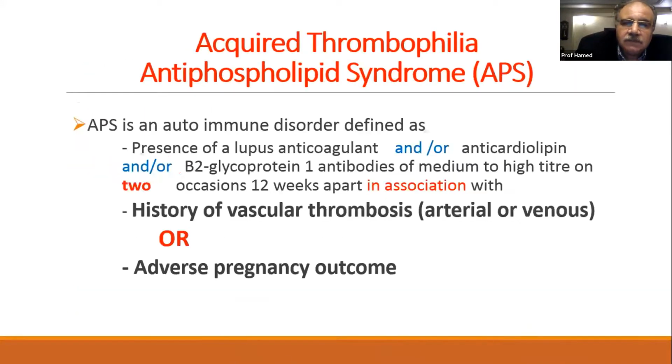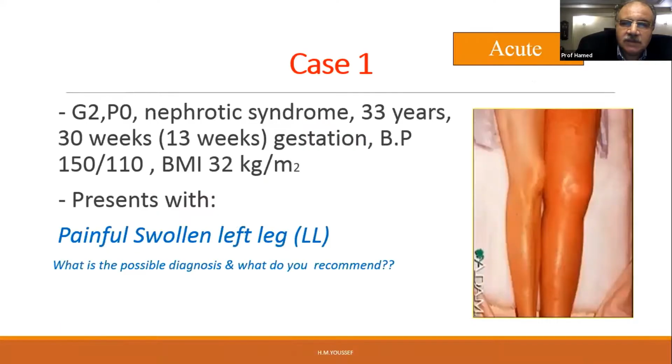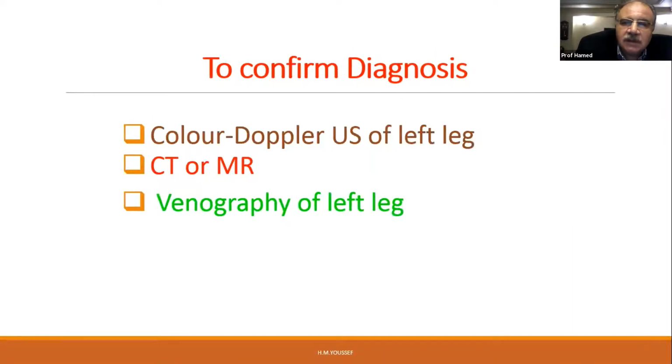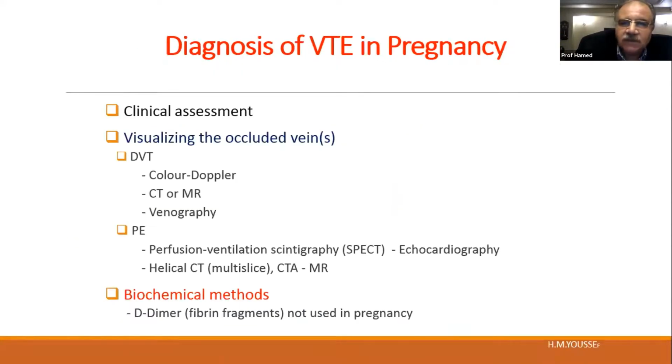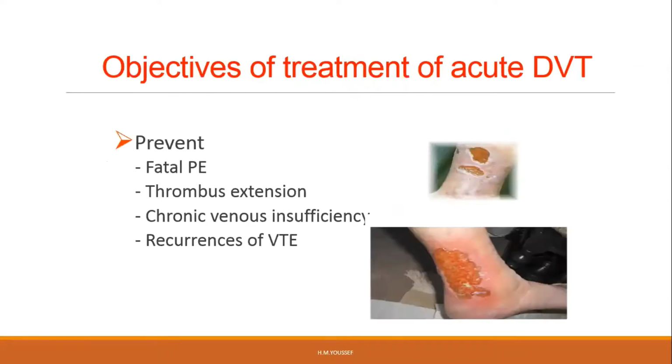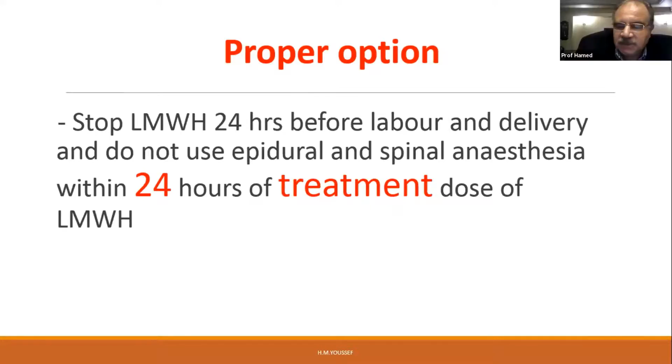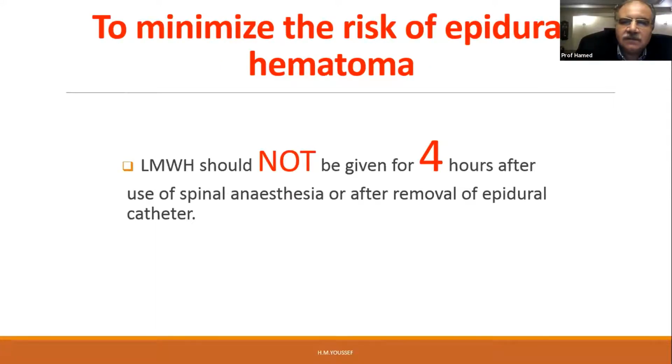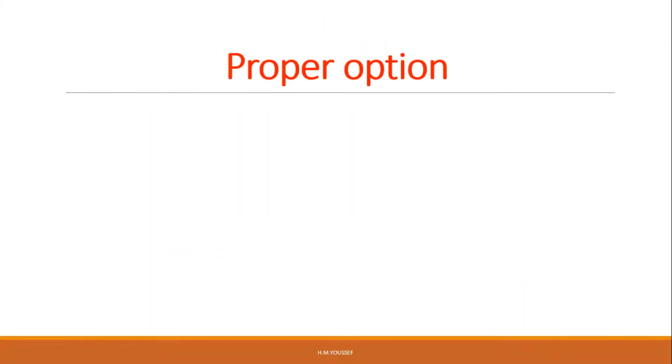Again, to sum up this point, can you summarize it for us, Shireen? Yes. How to manage a patient with a mechanical valve. A patient with a mechanical valve will actually be on warfarin.